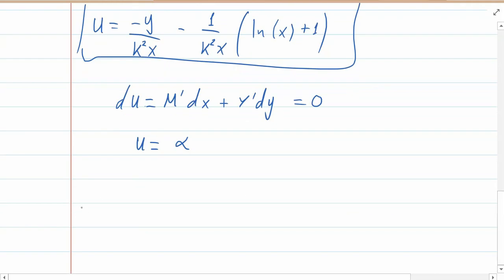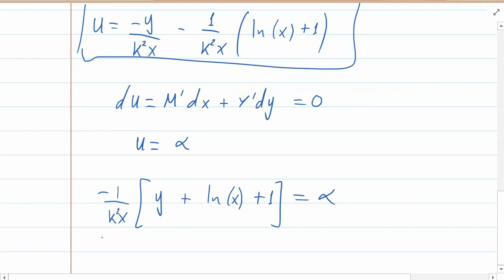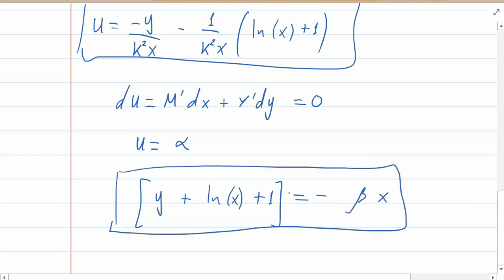So my answer should be something like 1 over k squared x multiplies y plus natural log of x plus 1 is equal to alpha. Might as well send this to the opposite side. So it's going to be negative alpha k squared x. And well, alpha k squared is simply another constant. I'm going to call it beta.